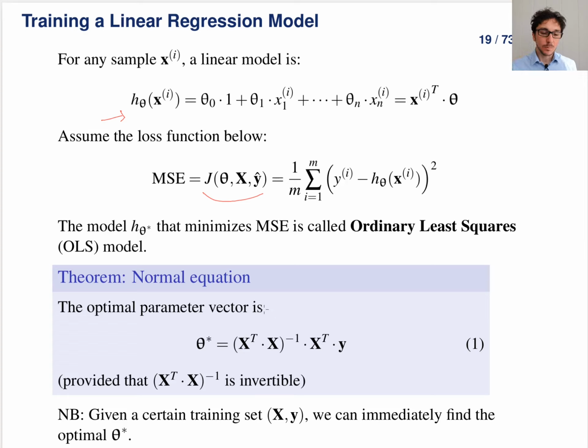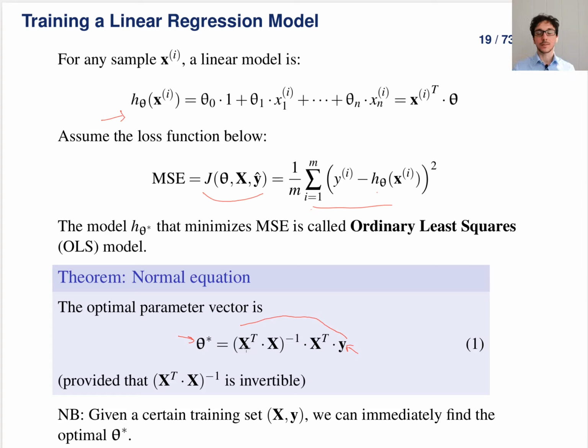And it can be shown that the optimal parameter vector, the one that minimizes the loss function, is simply given by this matrix multiplication, where x is the feature matrix of our dataset, and y is the vector of the true labels of our dataset.